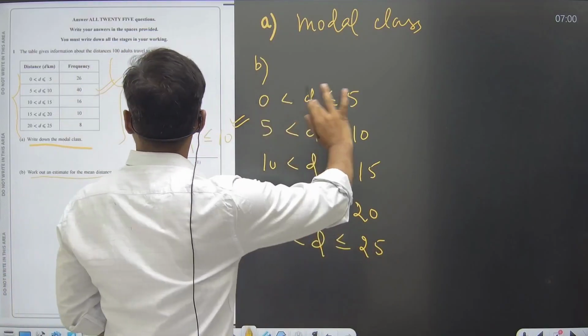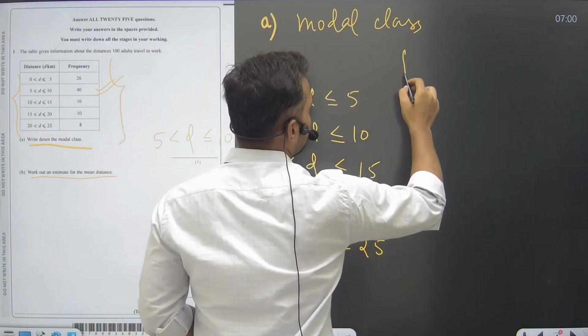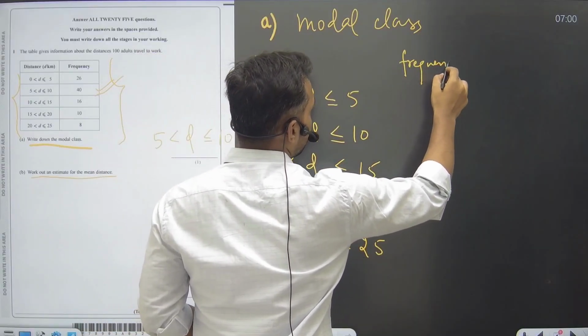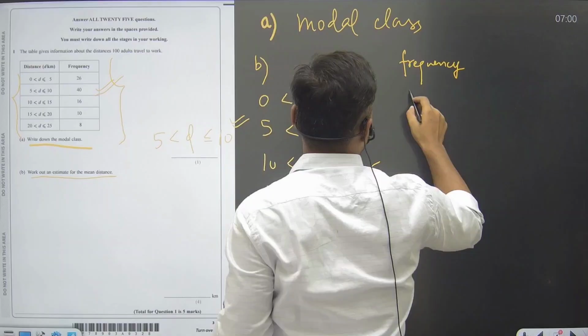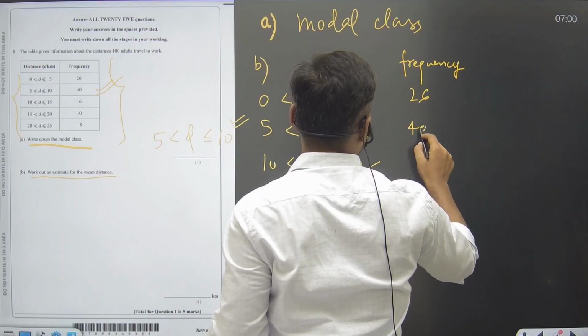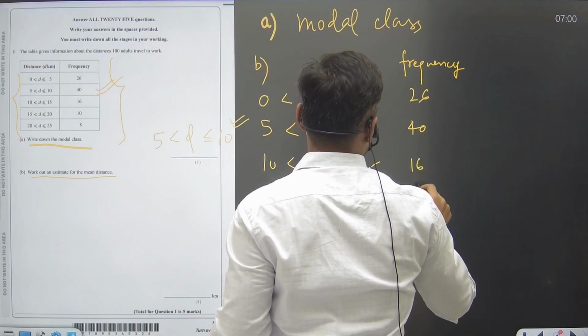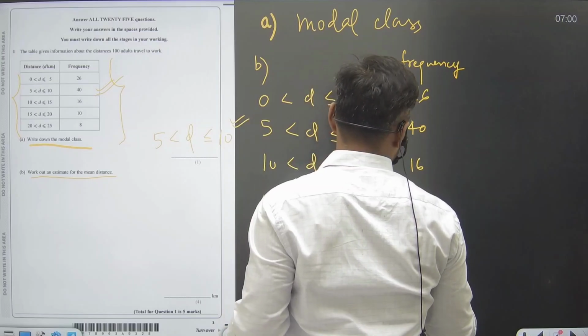Now these are our distances. If I write down the frequency, you will see the frequencies are 26, 40, 16, 10 and 8.